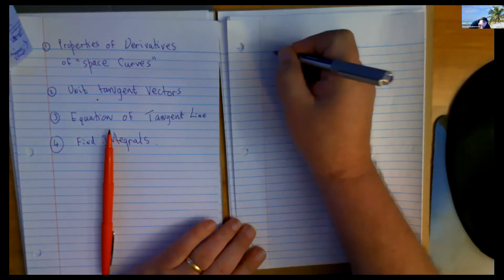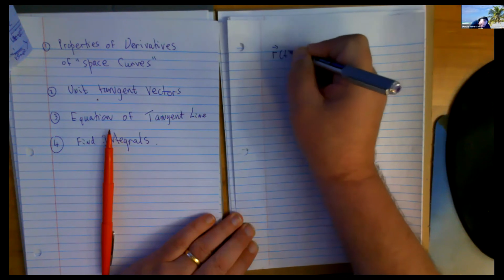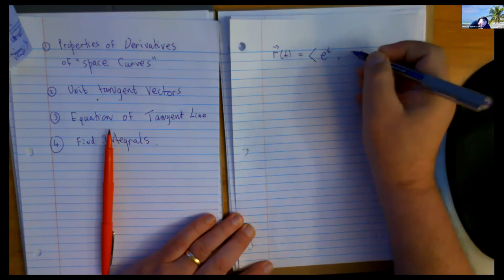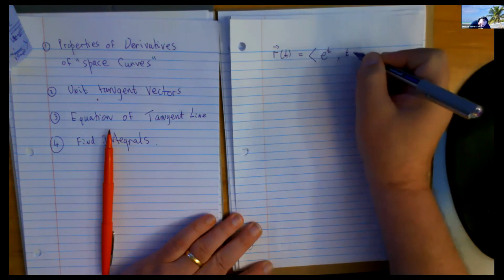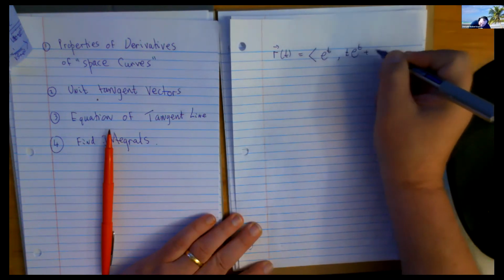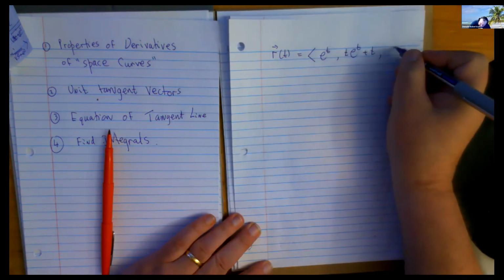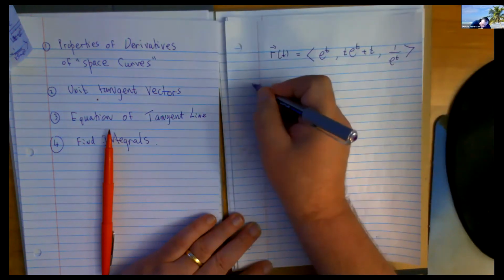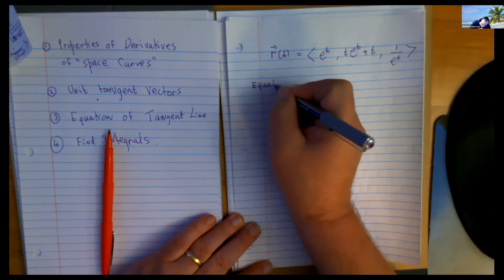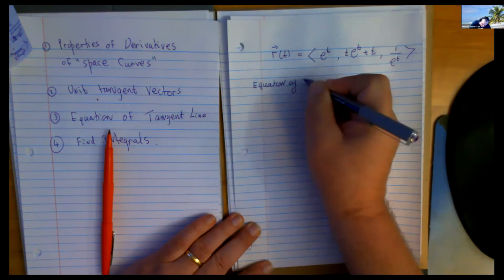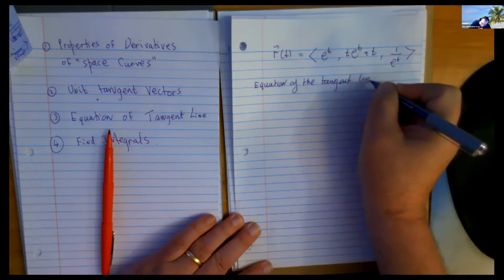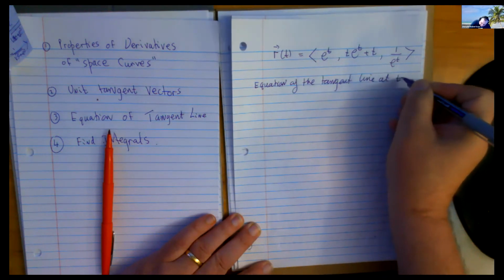Try this. Here is a space curve. And the question is, find the equation of the tangent line at t equals 0.